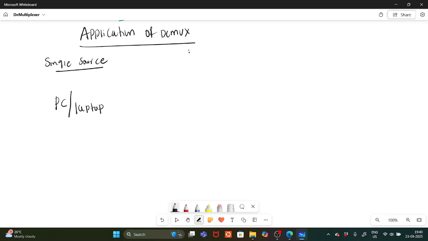Here we can call this a selector, or a data distributor. So this one is a DeMux.